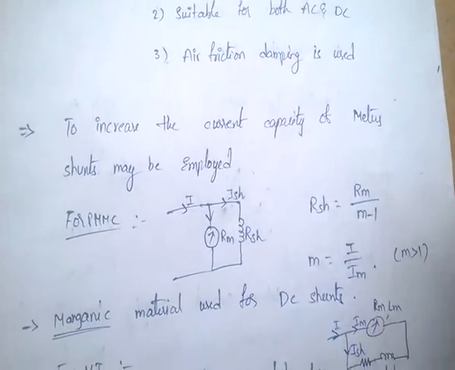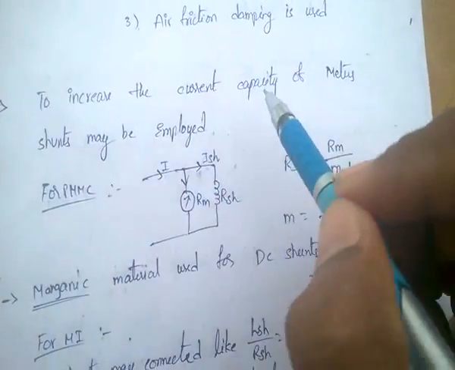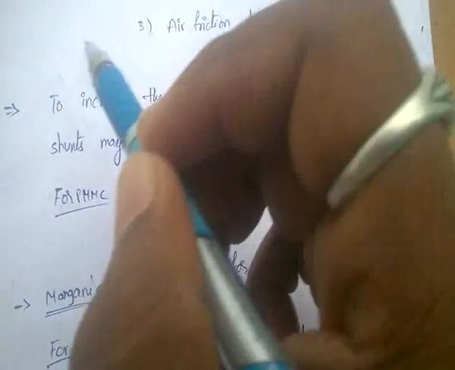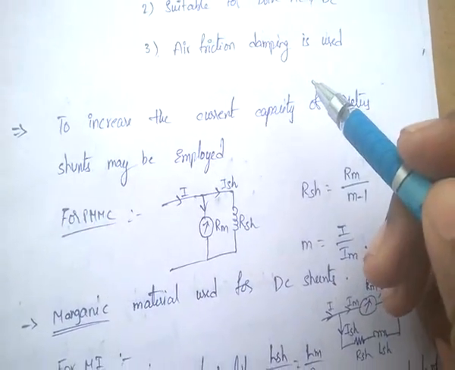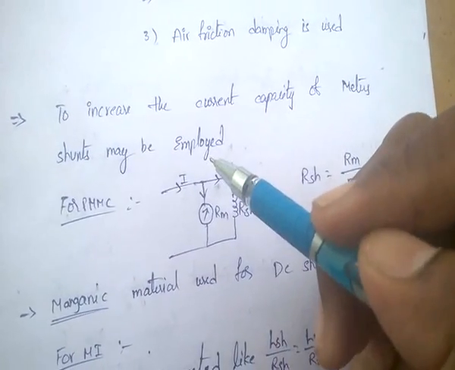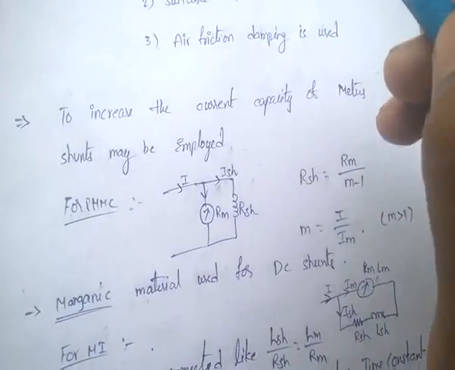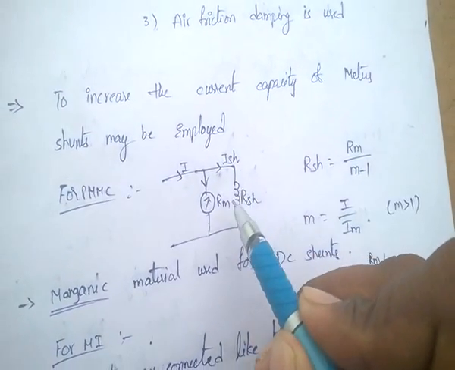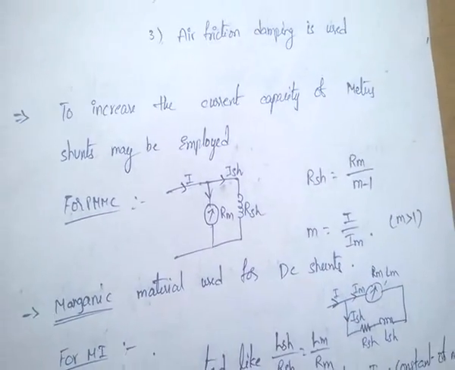Next, to increase the current capacity of meters, shunts may be employed. Shunts are parallel connected resistors.